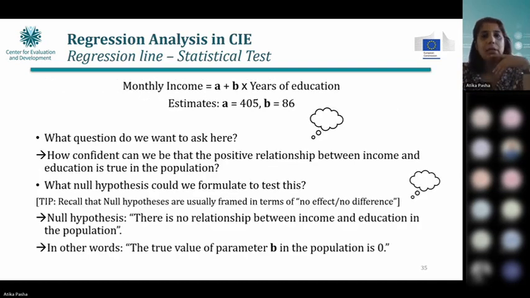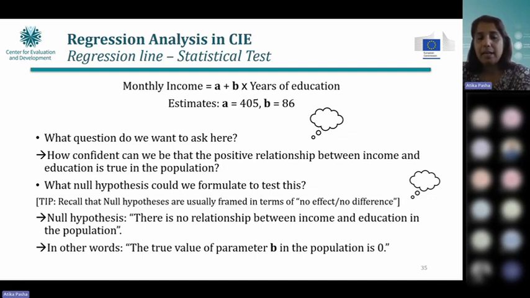So what question are we asking ourselves here? Basically, now our null hypothesis has slightly changed because we're not just looking at primary income or not primary income. We are trying to establish the positive relationship between income and education.